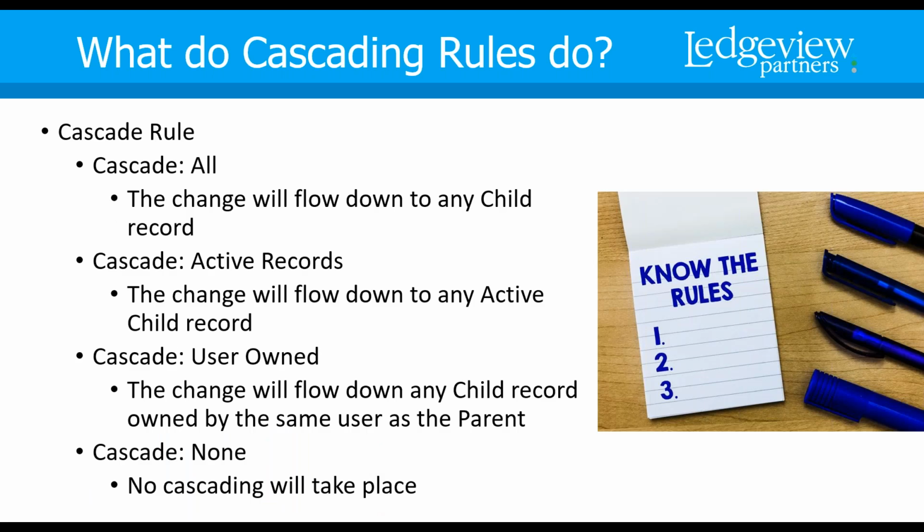However, actions are dependent on rules. So the action is saying this is what happened to the parent. The rule is saying, well, now what's going to happen to the child? Okay? So assign, cascade all. If we say cascade all, so we have the account Mike's truck stop.